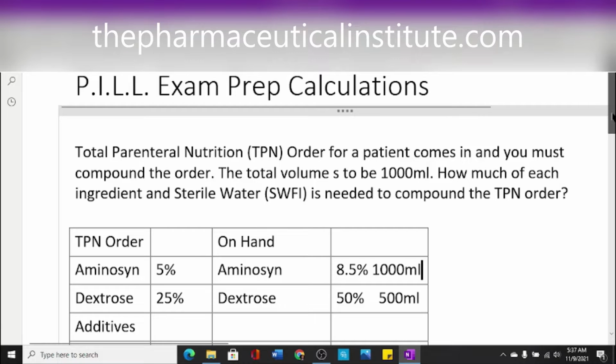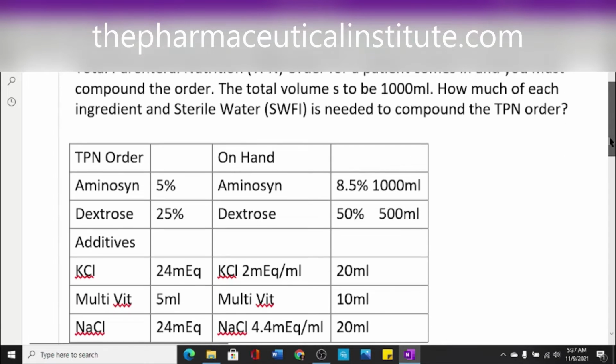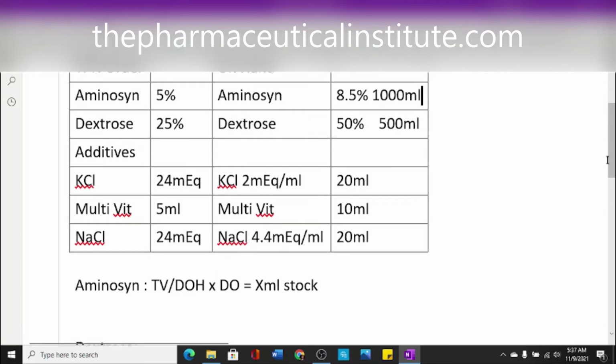We start with our given information for our medication order. We need aminosyn, dextrose, KCl, which is potassium chloride, multivitamin, and sodium chloride. We need 5% aminosyn, 25% dextrose, 24 milliequivalents of potassium chloride, 5 milliliters of multivitamin, and 24 milliequivalents of sodium chloride.